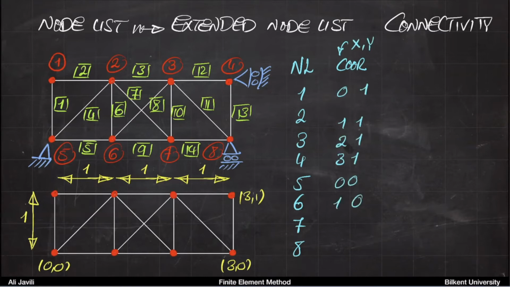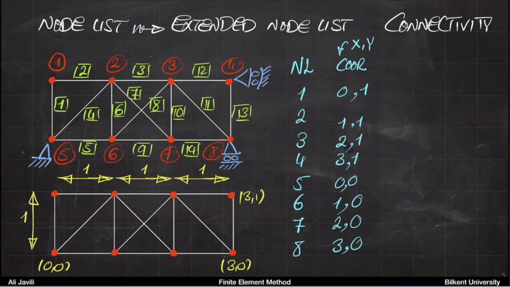Node 7, 2, 0. Node 8, 3, 0. Maybe you want to put a comma in between to distinguish, but if it is in MATLAB, you don't have to do it.